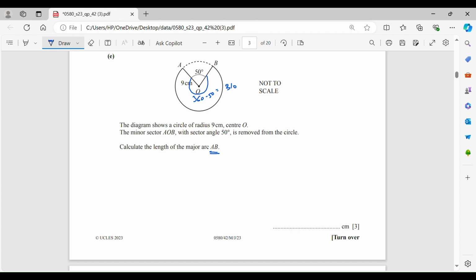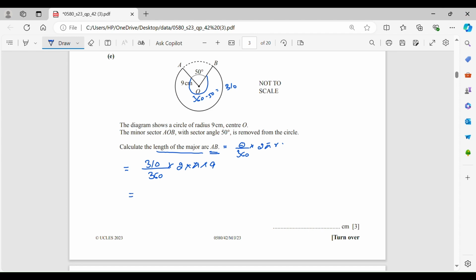Now arc length will be equal to theta by 360 into 2 pi r. So this will be equal to 310 over 360 into 2 into pi into radius 9 centimeter. We will use a calculator here.